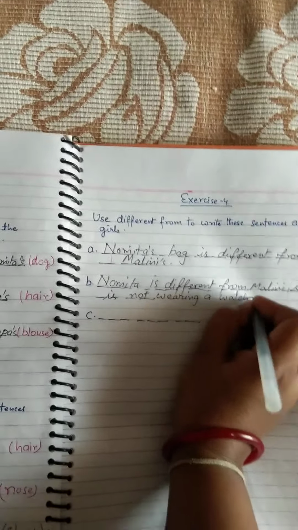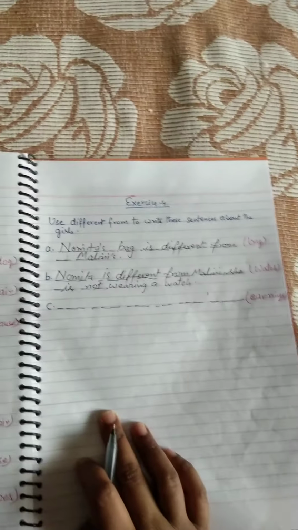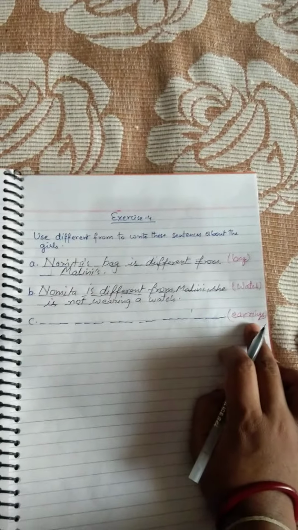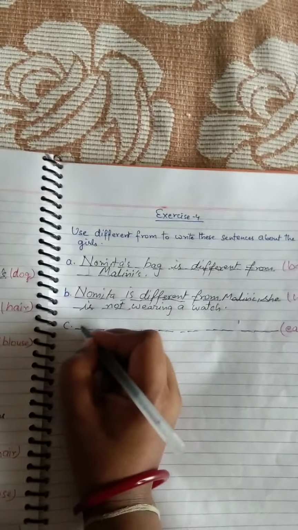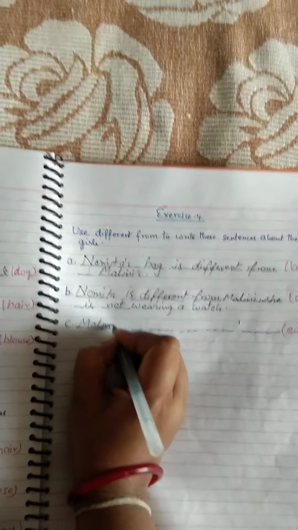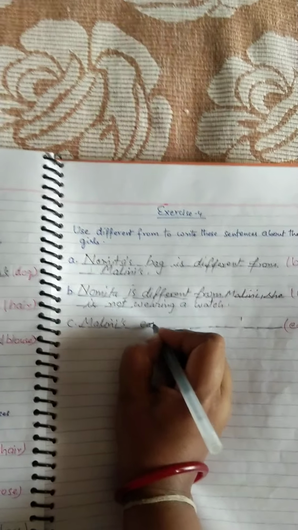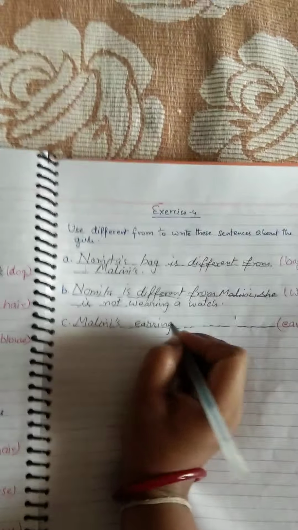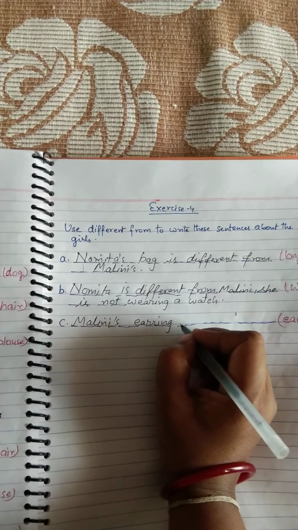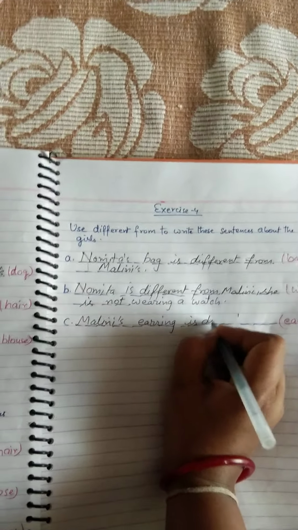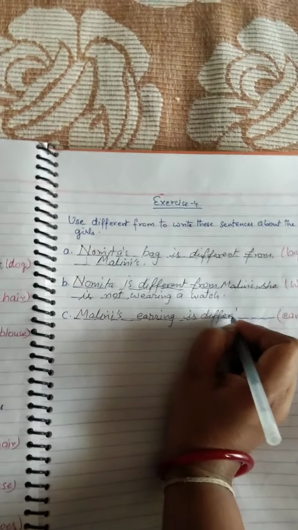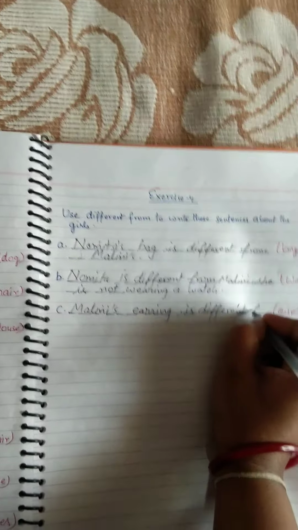So you can complete the second one like this. Now come to the next, the last. You have to use the earrings option. You can write: Malini's earring is different from Rupa's.